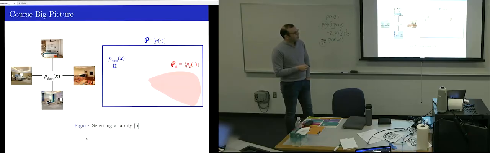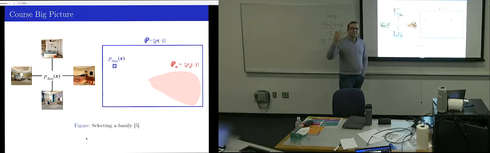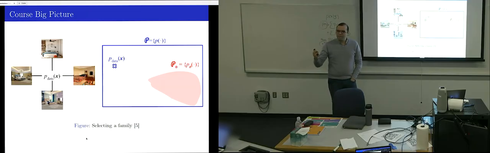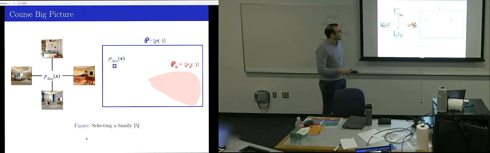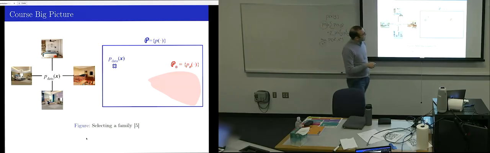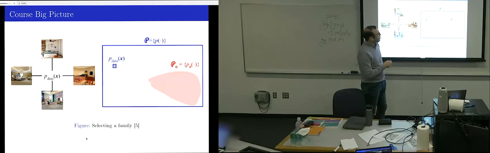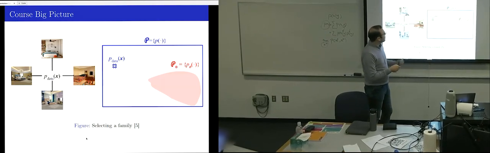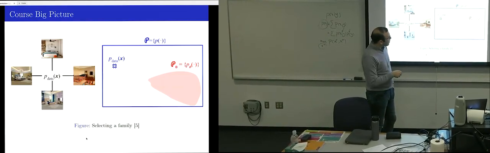We have a true data distribution that can generate images, sounds of, for example, some keywords, or some text, anything else. Any modality you can consider. You have a true data distribution, and you have a family of all possible distributions. We can assume that all possible distributions are contained in this box.